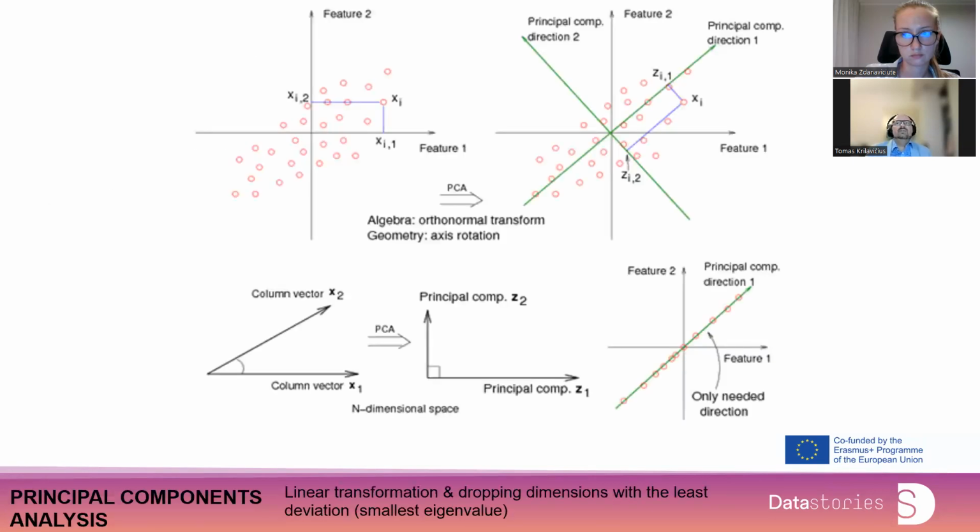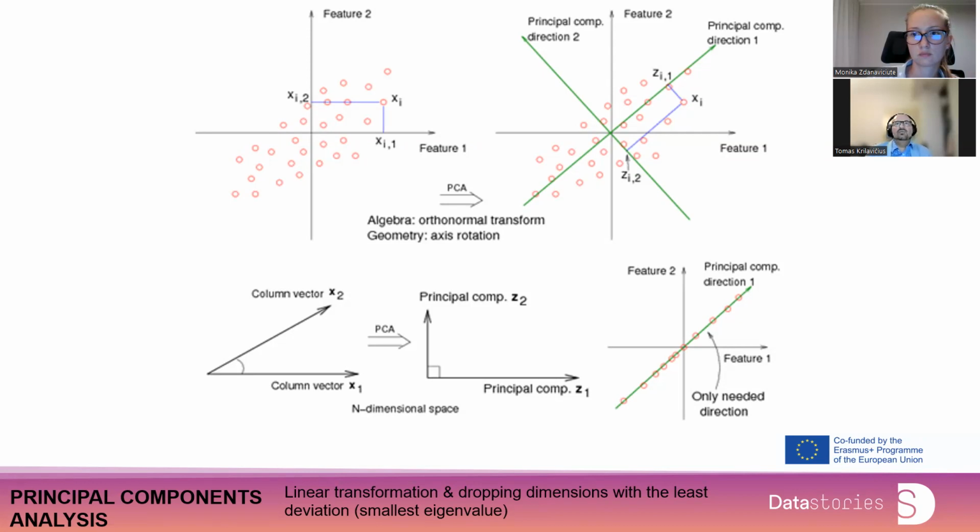And we start from a simpler approach for data projection. It's called principal components analysis, or in short, PCA. It's a linear approach to minimize the number of dimensions, and we will explain it using two-dimensional space. If we look at the top left picture, you can see that we have feature 1 and feature 2, and we have a scatter plot of these features.